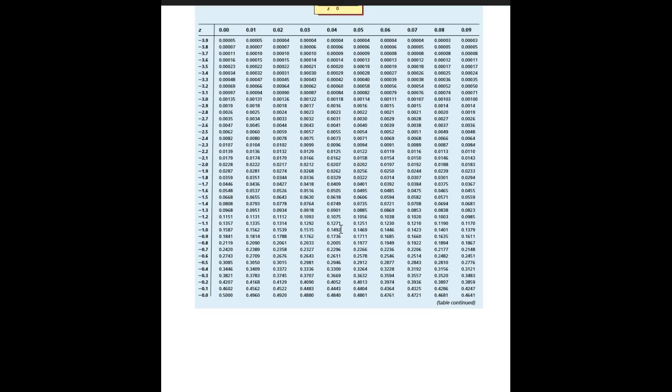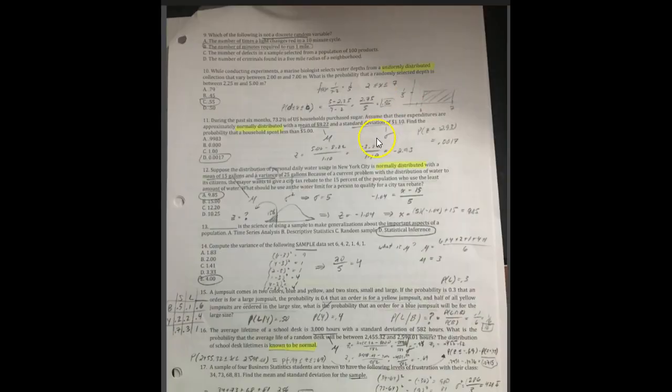So the z value, if we look to our left, negative 1.03 or negative 1.04, okay? All right, so negative 1.03 or negative 1.04. It looks like in this I decided to use the negative 1.04. It's fine.